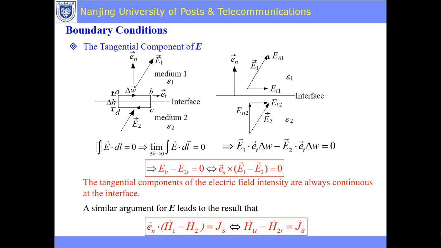Due to that surface current, there will be a jump. That's why we don't equate it to zero. We equate it to the surface current density. Because there is a current on the surface, there will be a jump in the field. Of course, current will affect that.